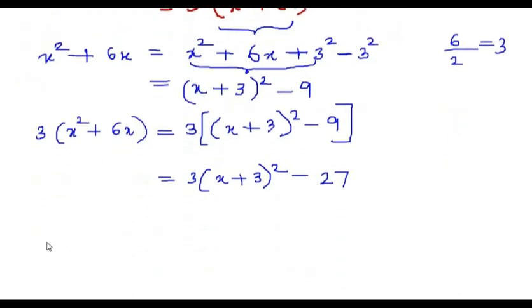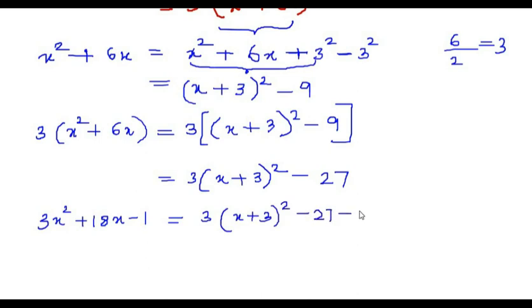So we are going to write it as 3x squared plus 18x minus 1 equals 3 times x plus 3 the whole squared minus 27 minus 1. So we get 3 x plus 3 the whole squared minus 28.